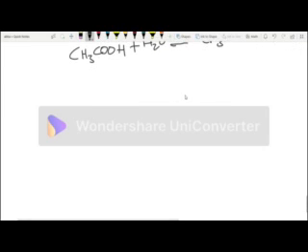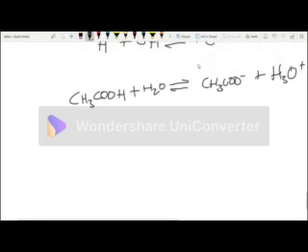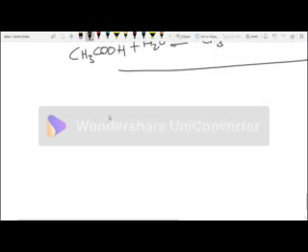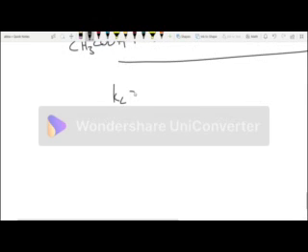So the equilibrium constant of this equation is going to be what? Your products divided by your reactants.